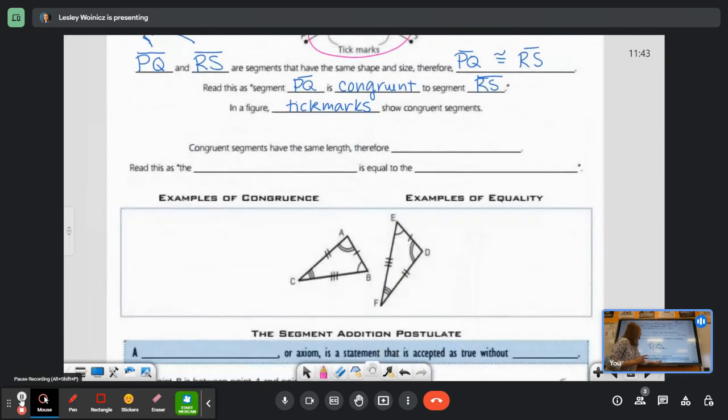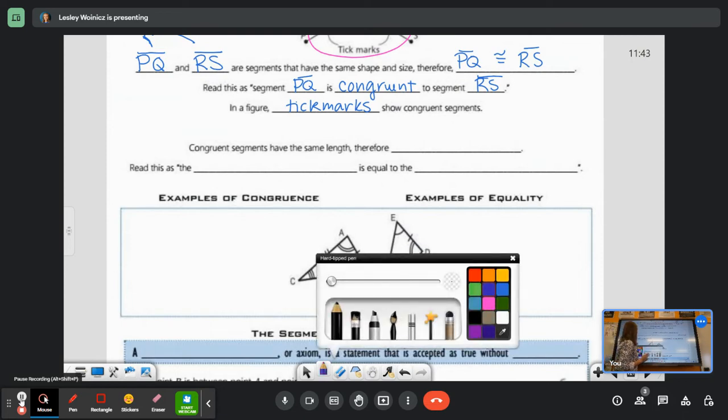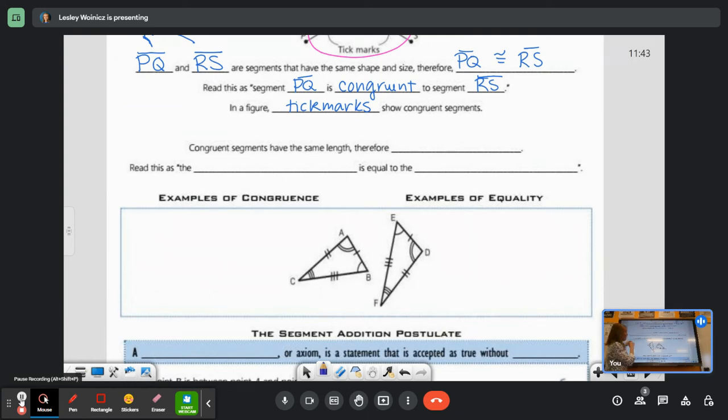Congruent segments have the same length. Therefore, PQ is equal to RS. Look at the difference between this one and this one.